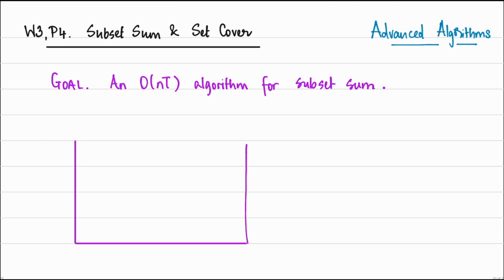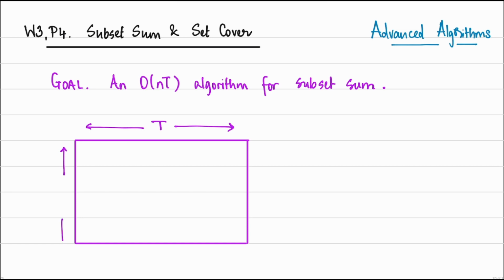So let me draw this out. Let me say lengthwise, this is t, there are t columns, and height-wise, this is n, it has n rows. What do you think we should try and store in the ith row and the jth column here?